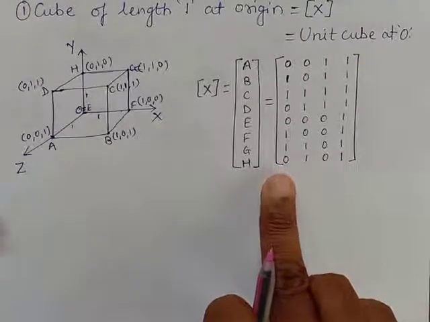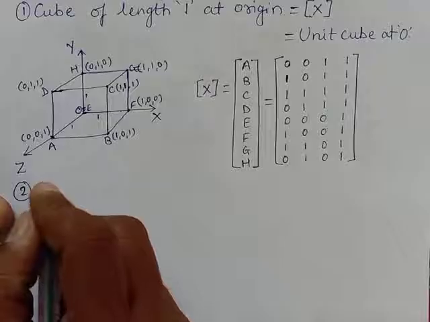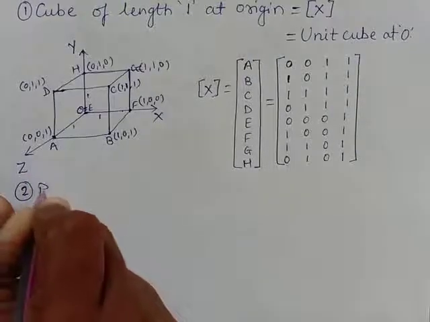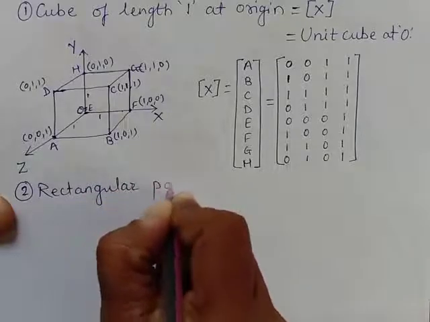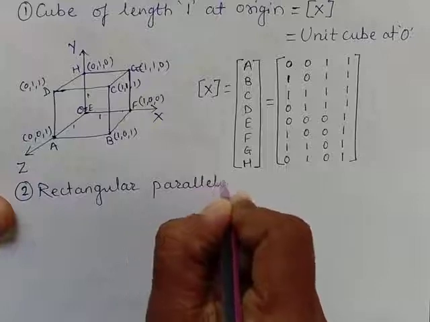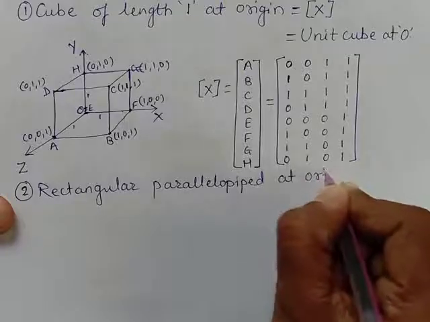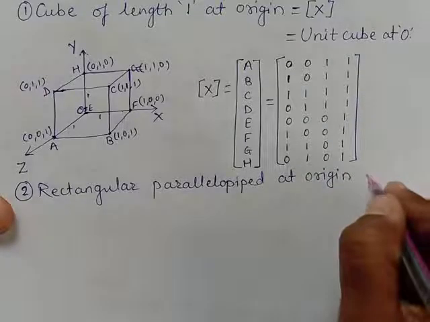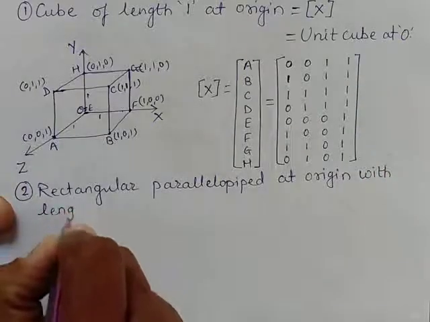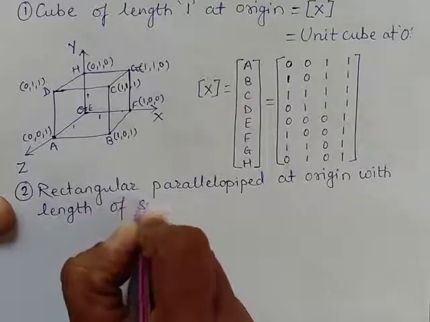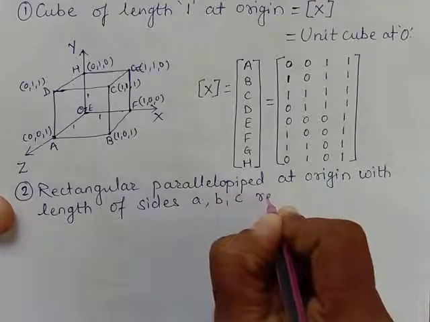Now another important object is the rectangular parallelepiped at origin with length of sides A, B, C respectively.